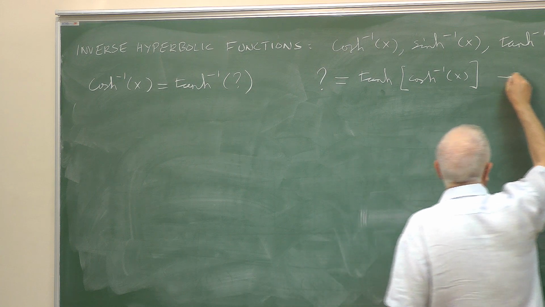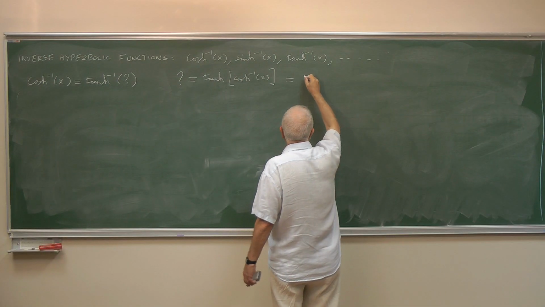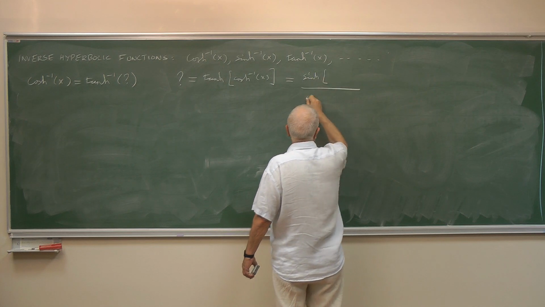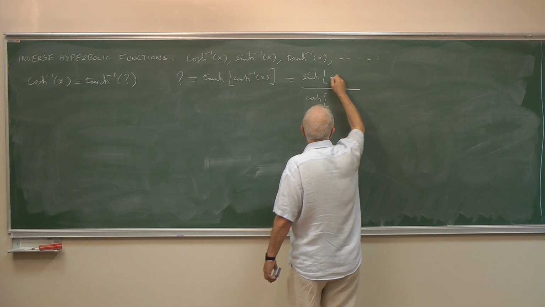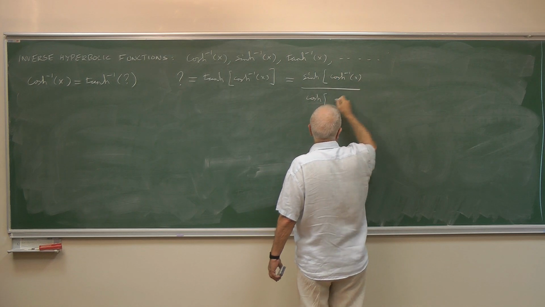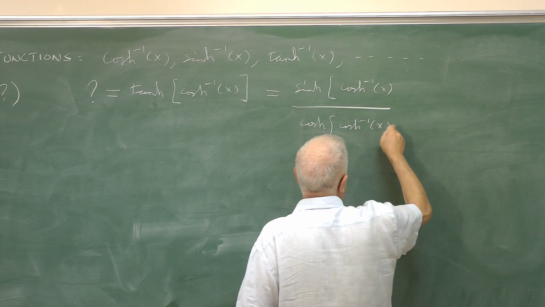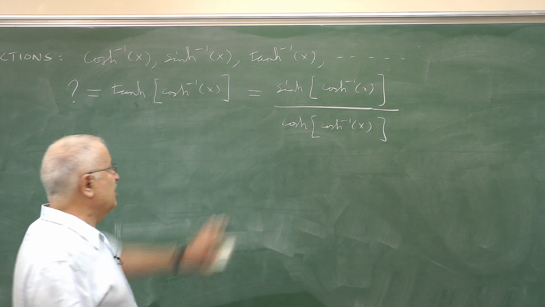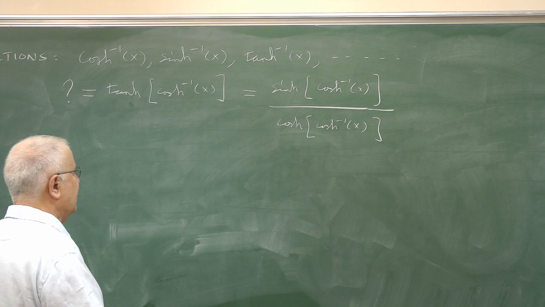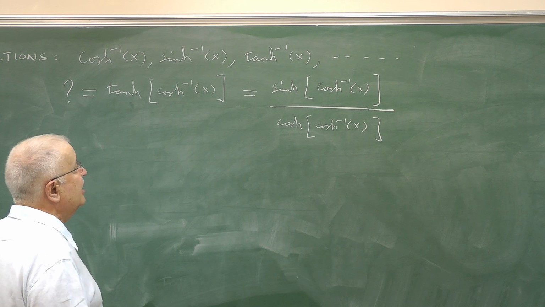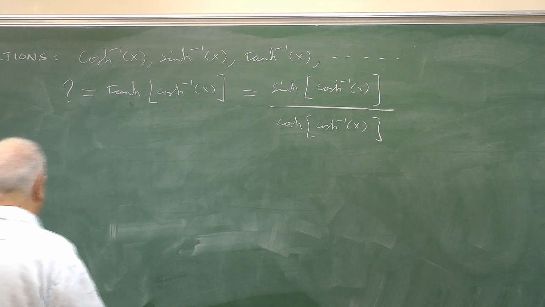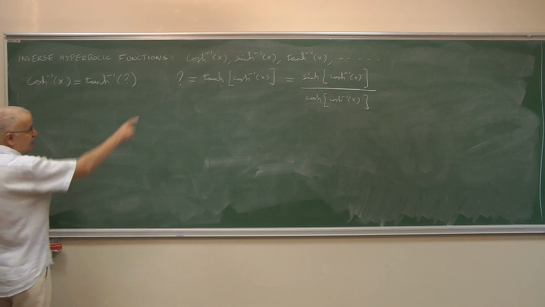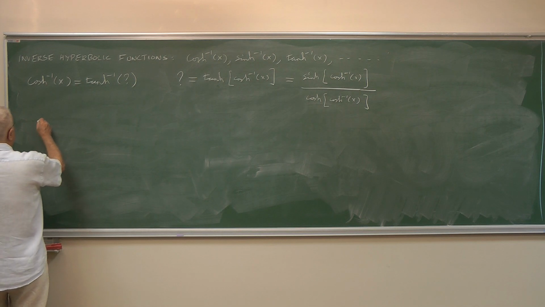The first step is easy because hyperbolic tangent is sinh divided by cosh of what? Cosh inverse x, cosh inverse x. The bottom is simple. Cosh of cosh inverse x is simply x. But the top, I have to express sinh in terms of cosh. So how do we express this sinh in terms of cosh?